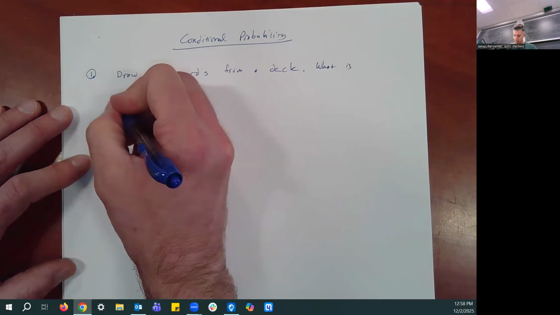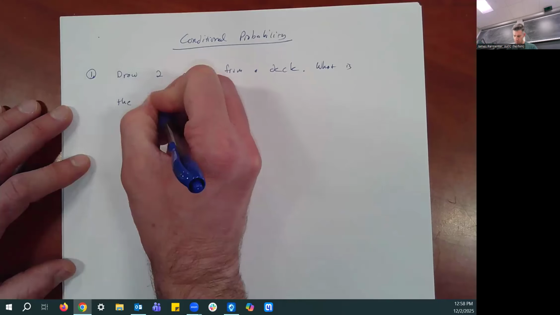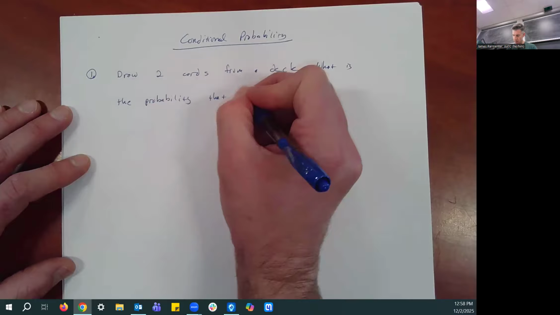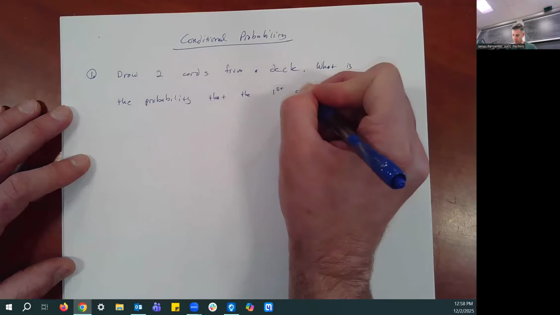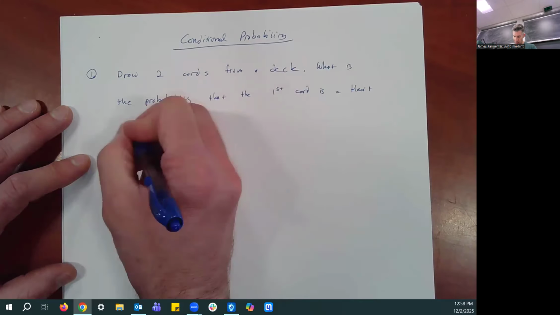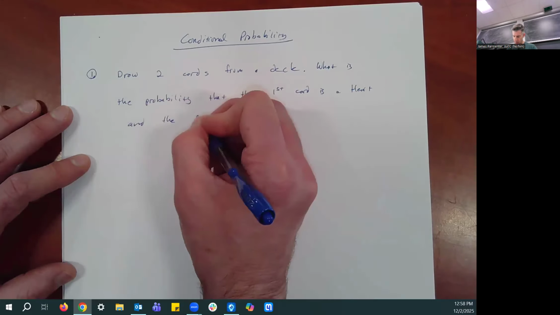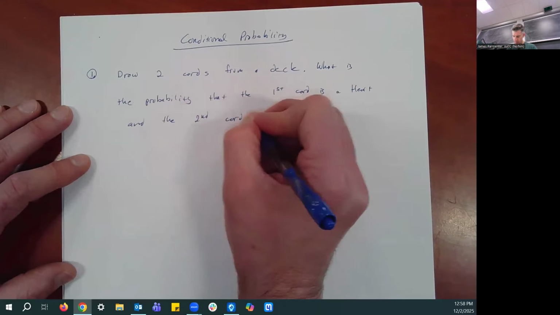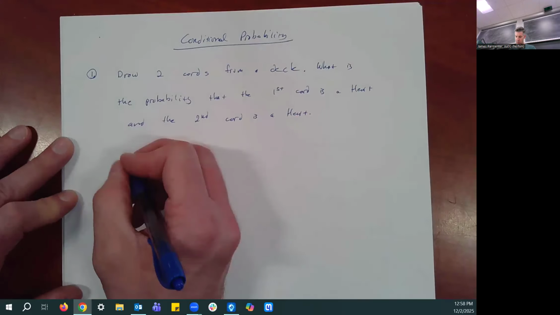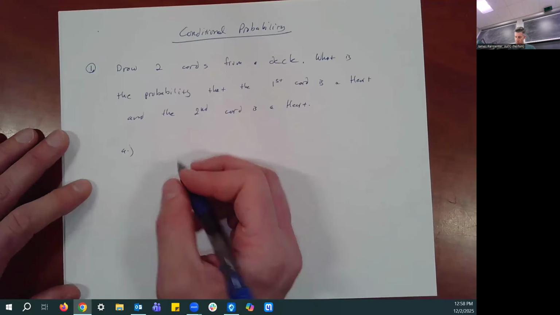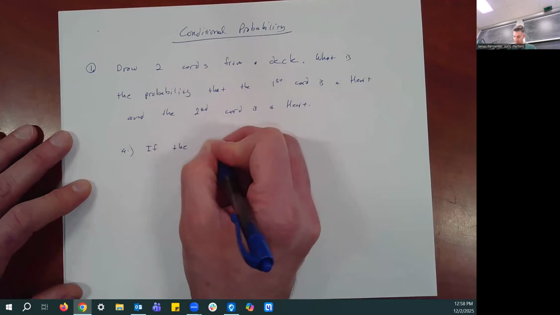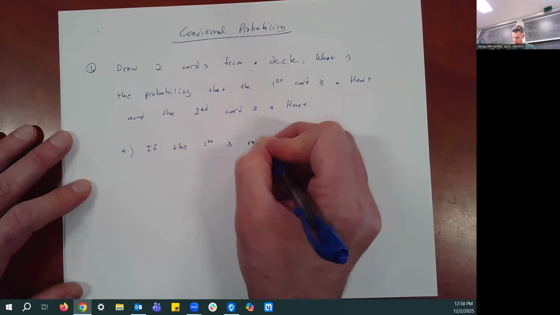What is the probability that the first card is a heart and the second card is a heart? And we're going to break this down into situations. Situation A, in this situation, the first card is replaced after drawing it.